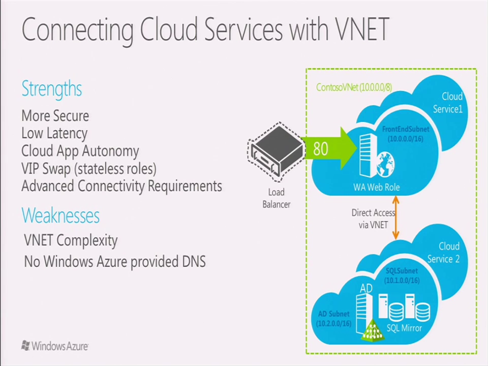If you do it in this manner, then Windows Azure is not going to provide the DNS settings like it would normally do if you weren't connecting your PaaS infrastructure to the virtual network. But because the virtual network is something you control, you then manage all the DNS entries and all the IP address assignments to those environments, not only to your IaaS VMs, but to your PaaS worker roles, web roles, and so forth.